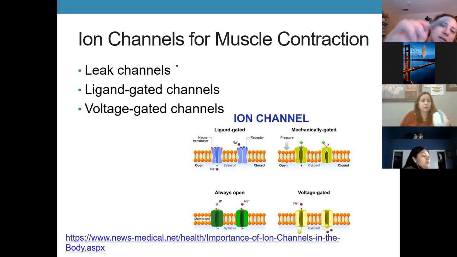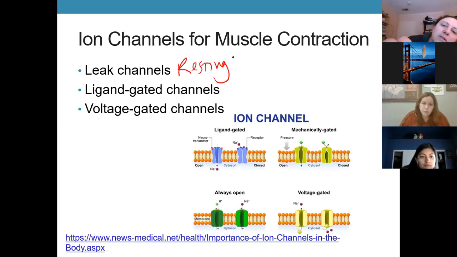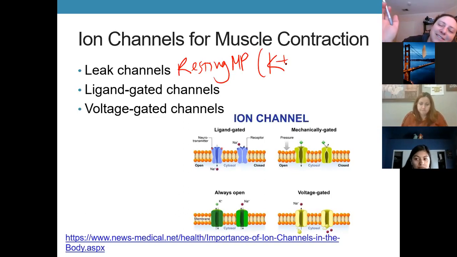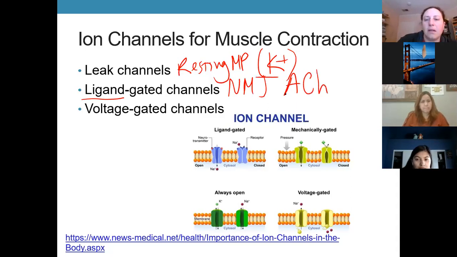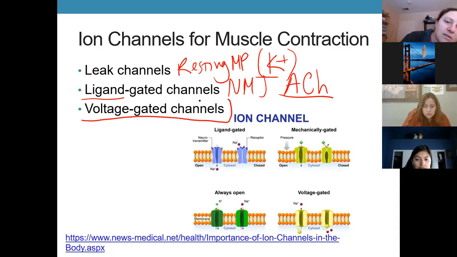The leak channels are part of establishing resting membrane potential, especially the potassium leak channels. Sorry, I wrote the right thing, I said the wrong thing. When it comes to the ligand-gated channels, this is the events of the neuromuscular junction: acetylcholine binding to receptors. And then everything else is voltage-gated channels.